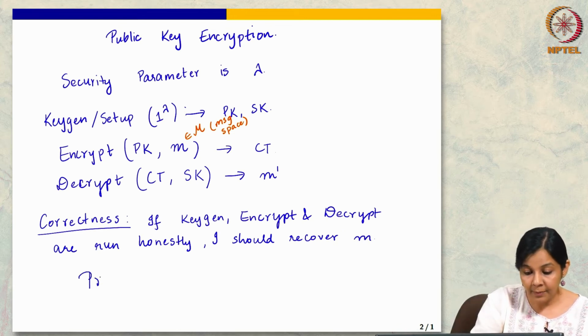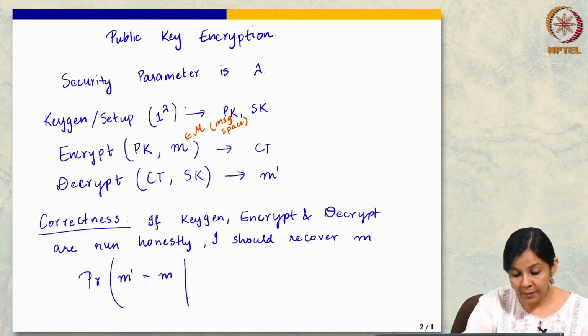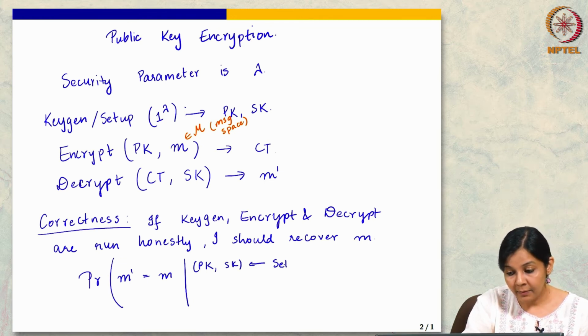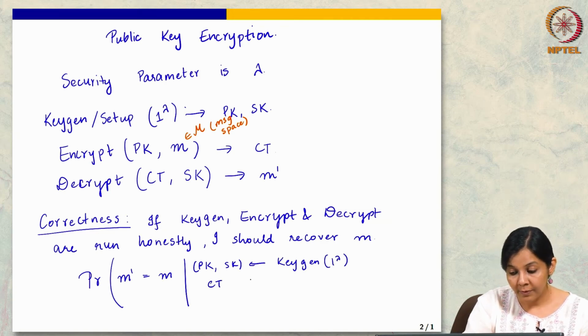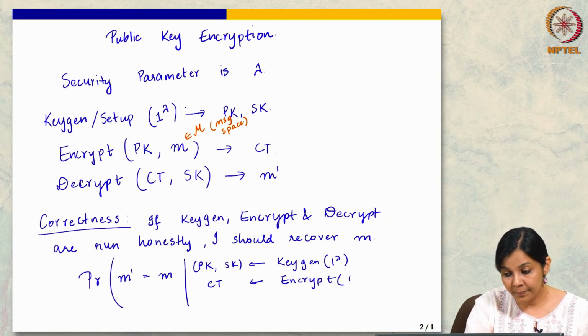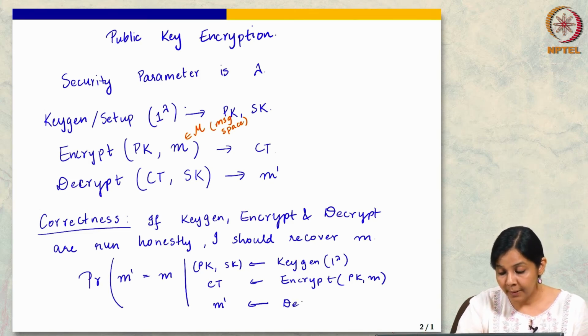So basically the probability that M prime is equal to M, given that PK, SK is output by keygen, CT is output by encrypt, and M prime is output by decrypt.